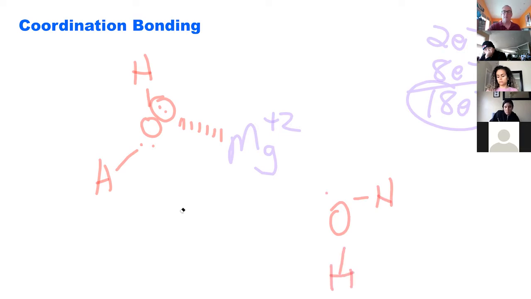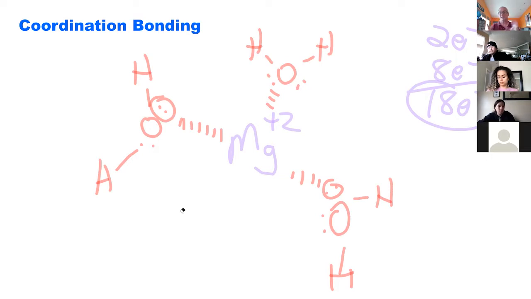So what happens is that the magnesium ion will interact with a number of different water molecules in a very specific shape. And each metal has a different shape for these water molecules to interact.